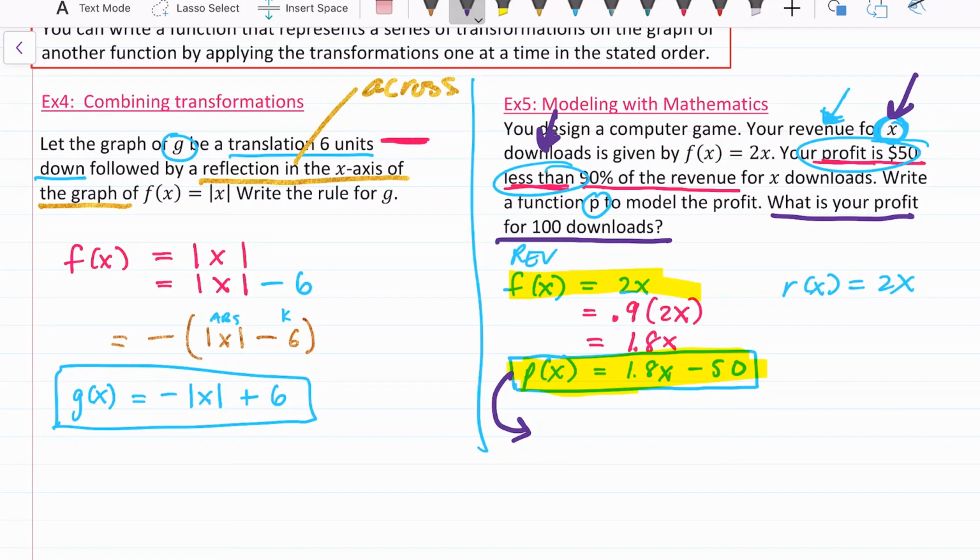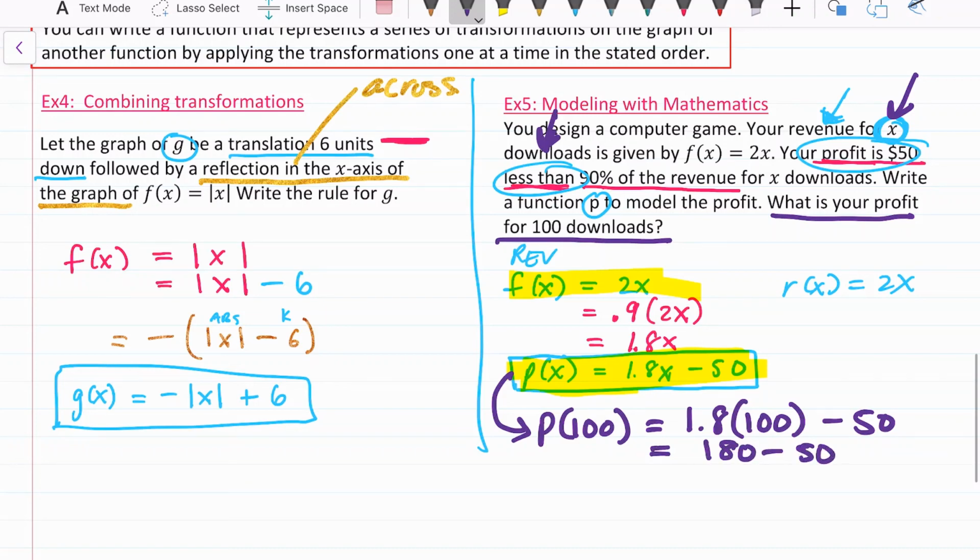And so if I want to know how much profit I'm going to make for 100 downloads, that will be 1.8 times 100 minus 50, which will be 180 minus 50, which will be $130.